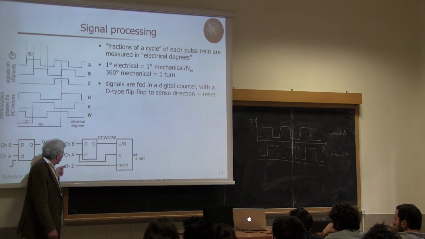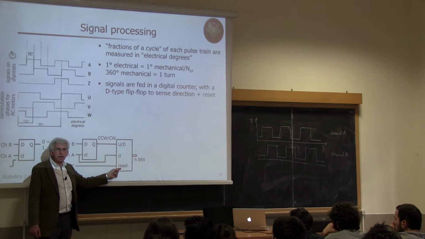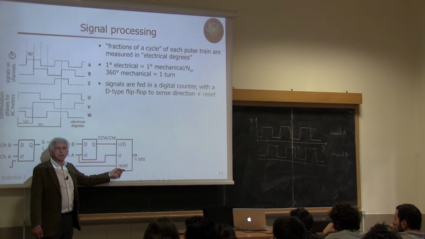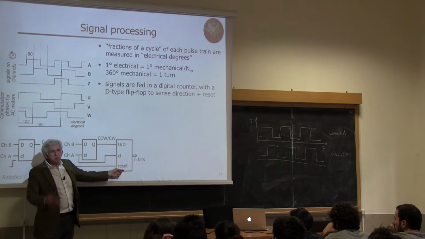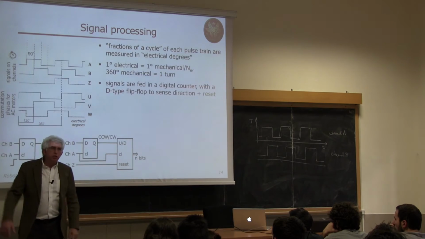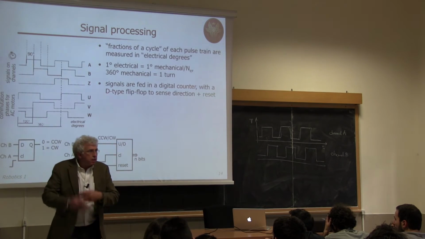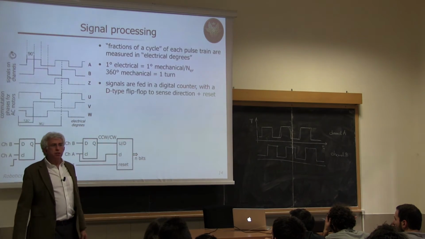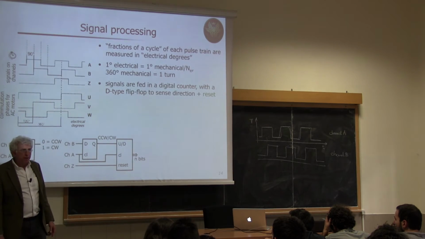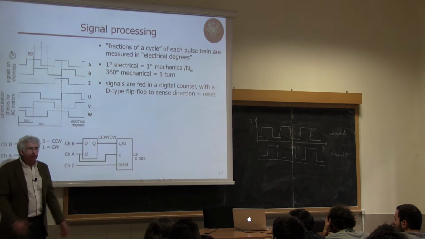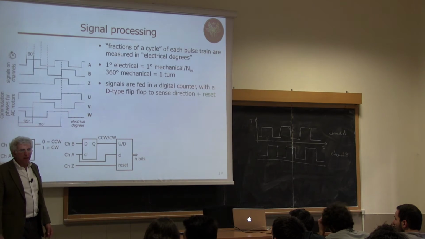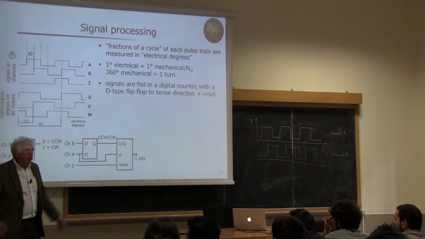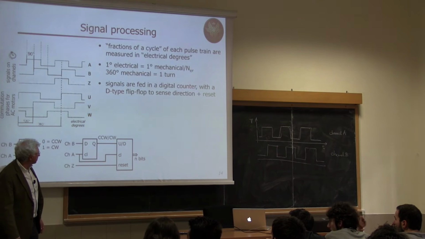So every time you have encountered the Z channel, you start counting from 0. And you may have stored in an additional memory the number of full turns that you have done so far. And you can also increment and decrement those numbers. Okay, so it's a multiple electronic circuit.